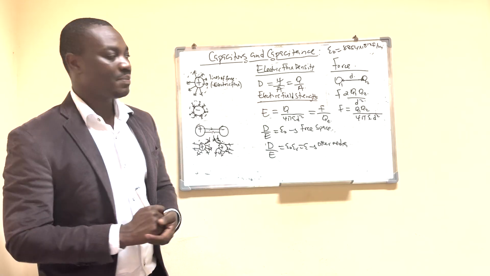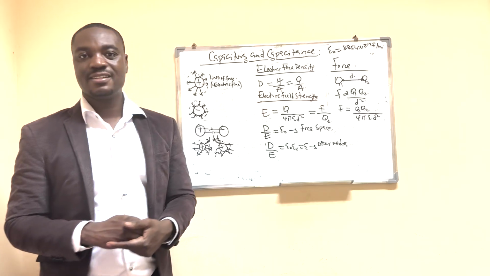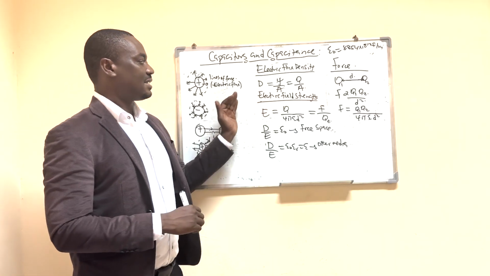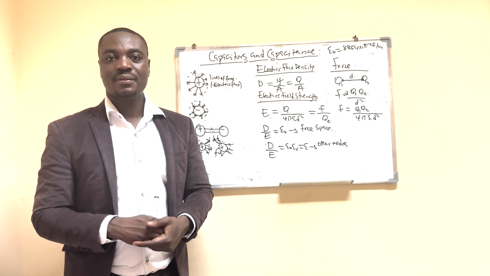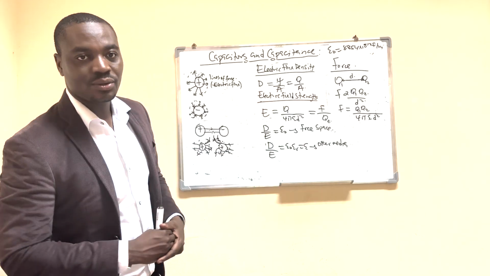So these are some of the characteristics that you can think about, and there are quite a number of them. Now we move to the electric flux density. Electric flux density is the total electric flux per unit area.